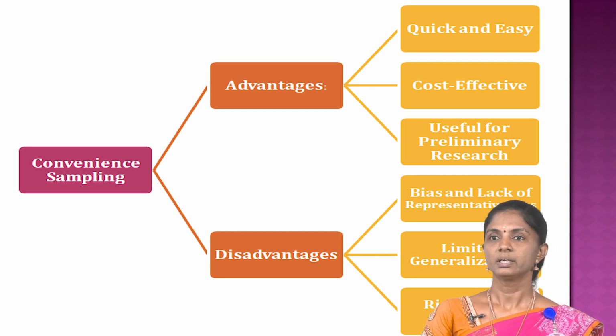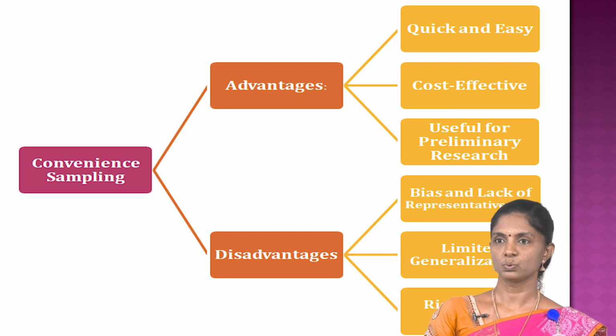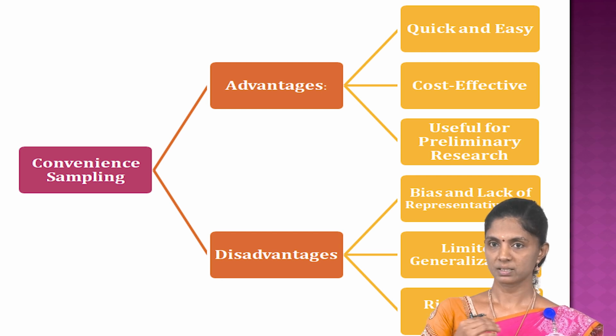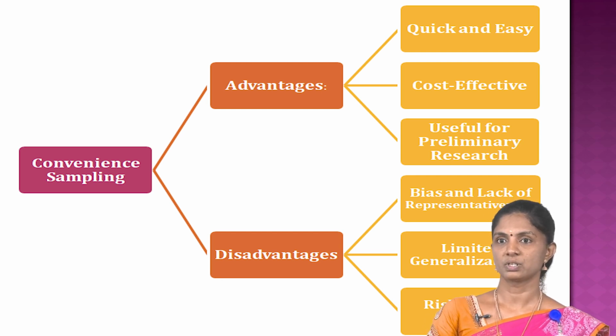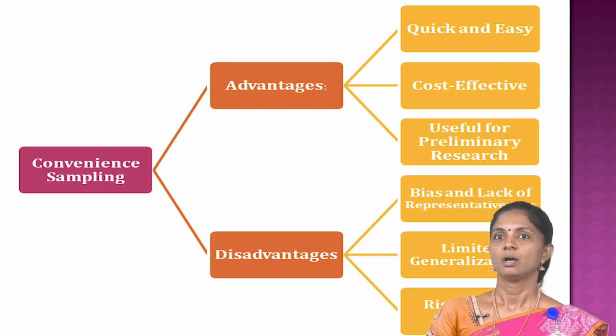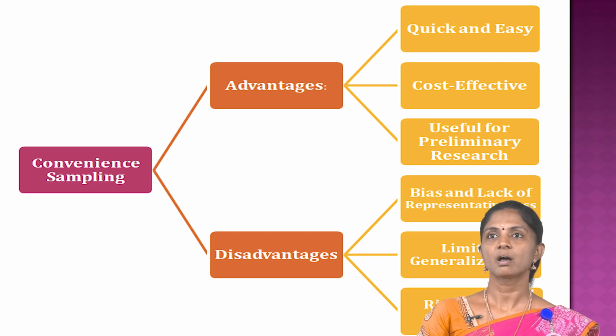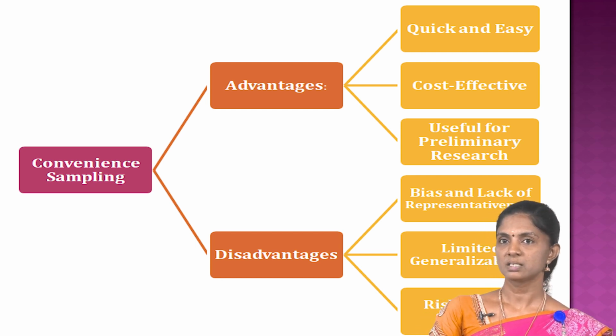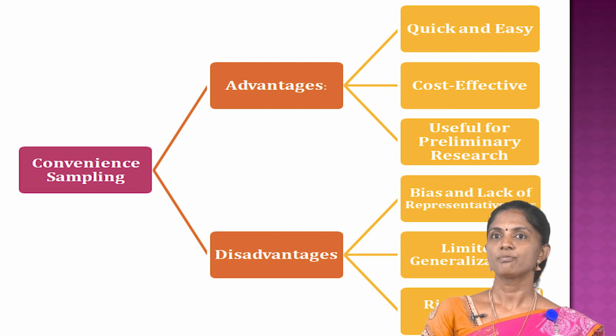Convenience sampling is suitable for pilot studies, initial explorations, and hypothesis generation. Disadvantages: bias and lack of representativeness, limited generalizability, risk of oversampling.